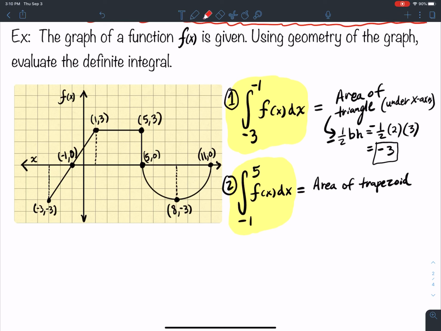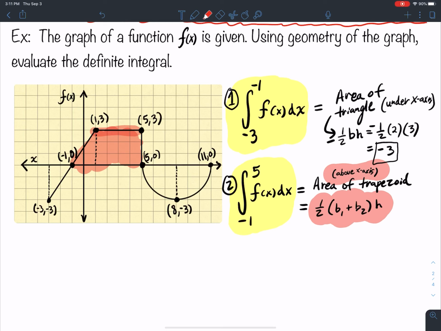This shape is a trapezoid. So it has 2 parallel bases, okay? And then it has this height that connects the 2 there. So the formula for area of a trapezoid is 1/2 times base 1 plus base 2. Basically, you're averaging these 2 bases, and then you multiply by the height, h. Since it's above the x-axis, I'm dealing with a positive formula now.